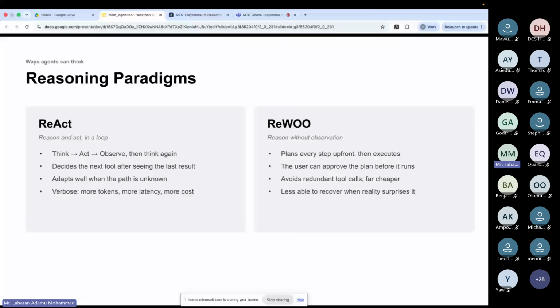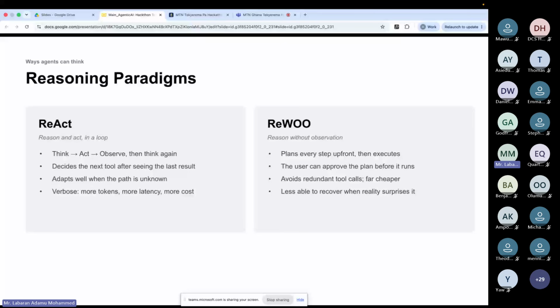With agent development, with agentic systems, there are also different reasoning paradigms. So you want to ask yourself: a user gives a request to your agent.